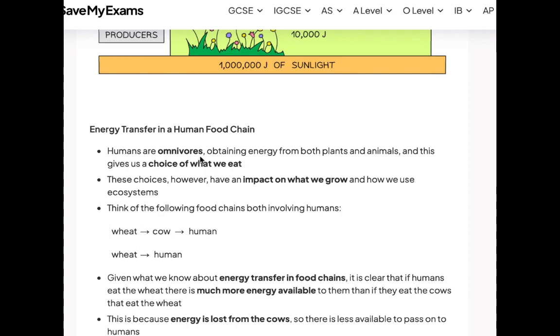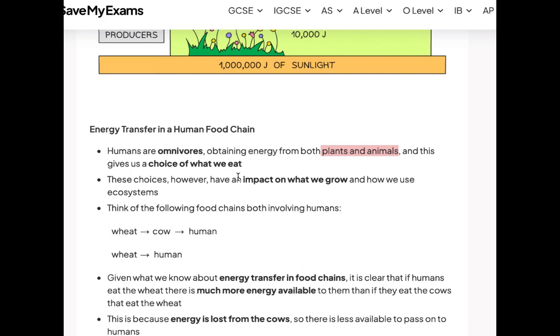So let's take a look at the energy transfer in these omnivores. Now, obtaining energy from both plants and animals. Yes, humans get energy from both plants and animals. That's what omnivores are. And this gives us a choice of what we eat. We can eat beef, chicken, meat, fish as food.